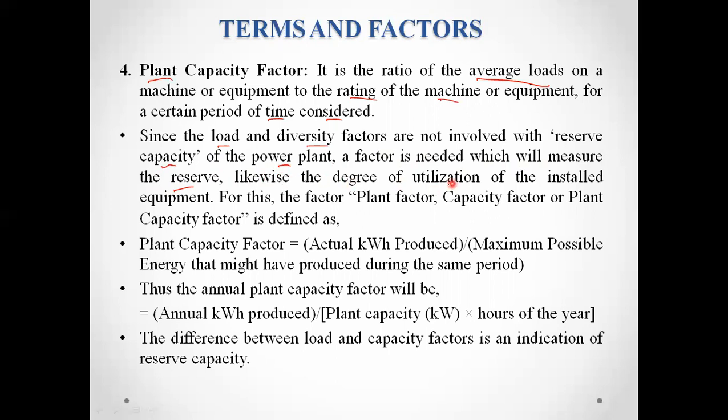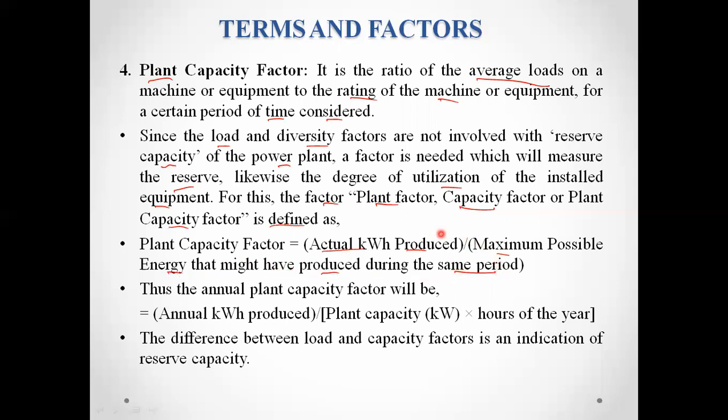And likewise, the degree of utilization of the installed equipment. This factor, the plant factor, that is the capacity factor, or we can call it the plant capacity factor, is defined as the actual kilowatt hour produced to the maximum possible energy that might have been produced during the same period.